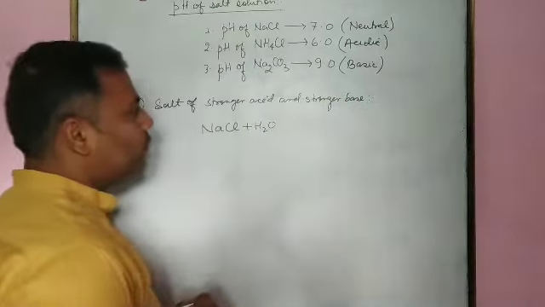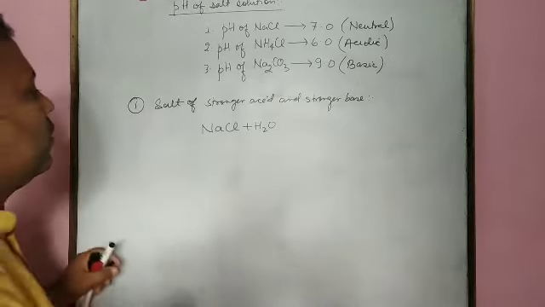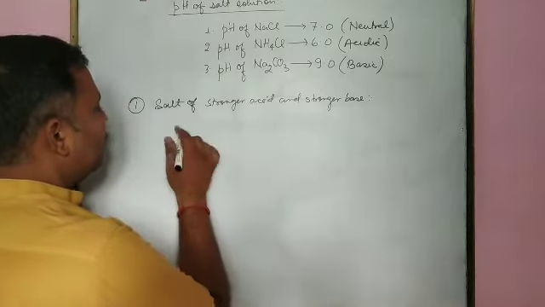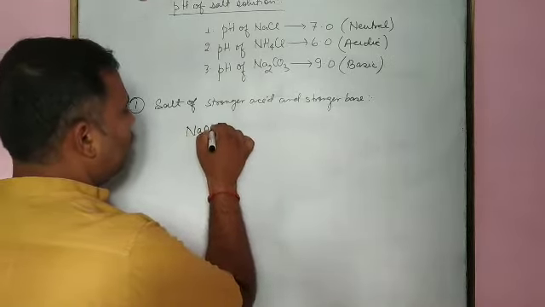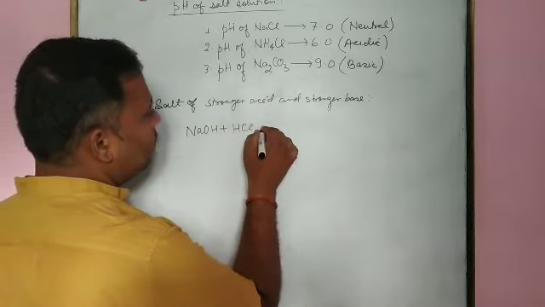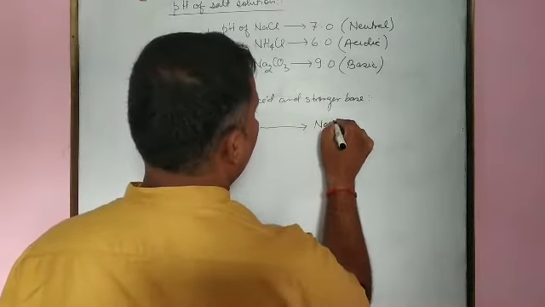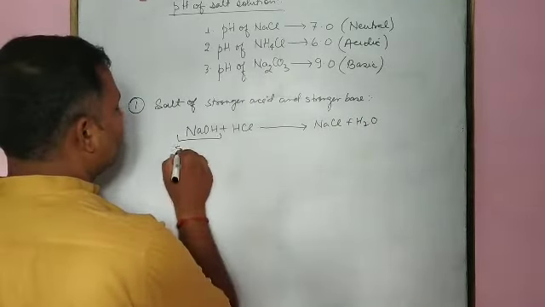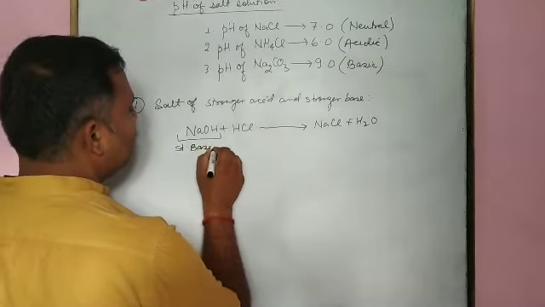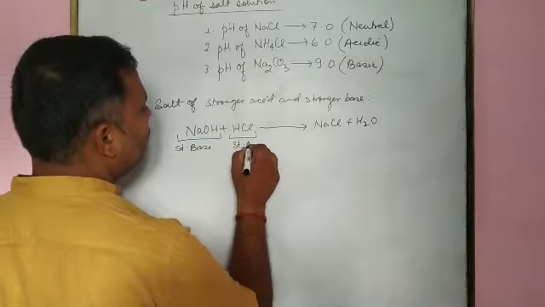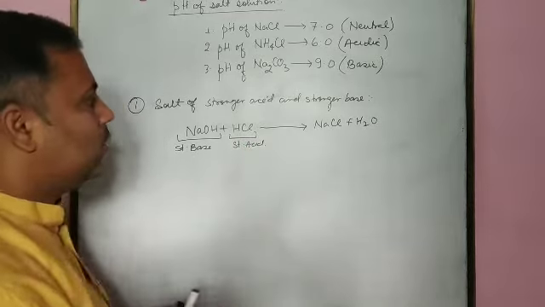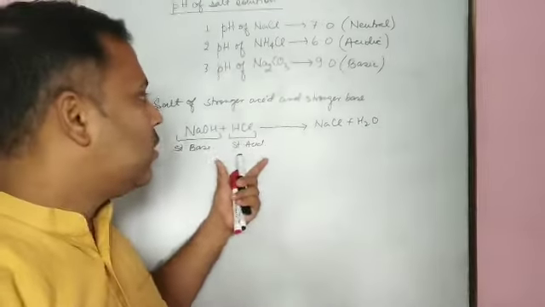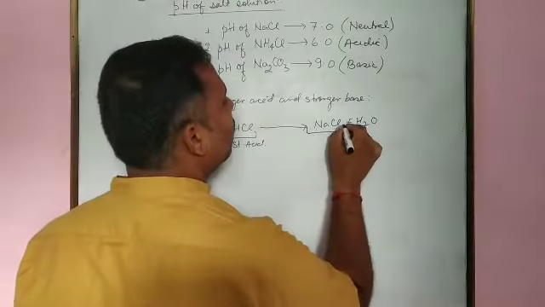It results in a neutral salt. For example, sodium chloride is the result of NaOH reacting with HCl, forming NaCl plus H2O. Sodium hydroxide is a strong base and hydrochloric acid is a strong acid. Since sodium chloride is the result of a reaction between a stronger base and a stronger acid, sodium chloride is neutral.